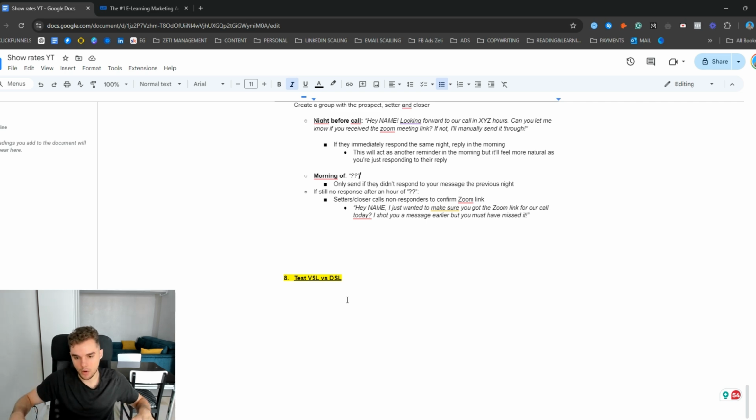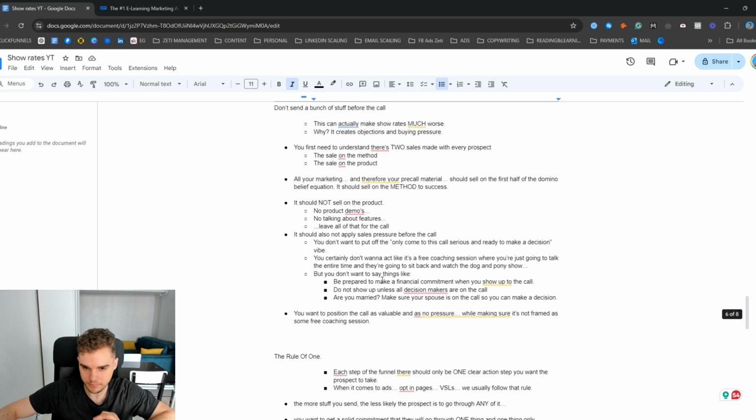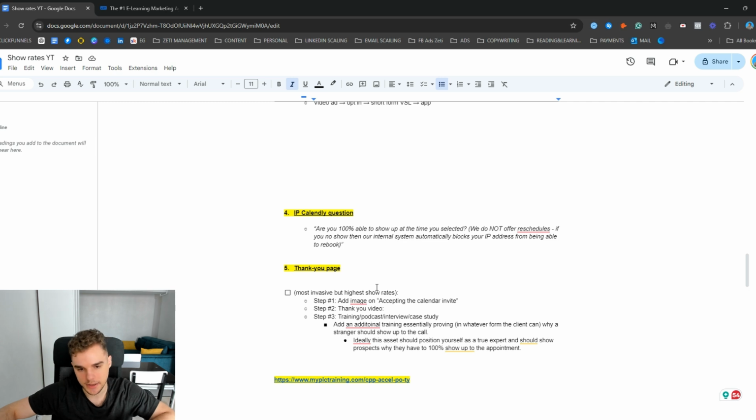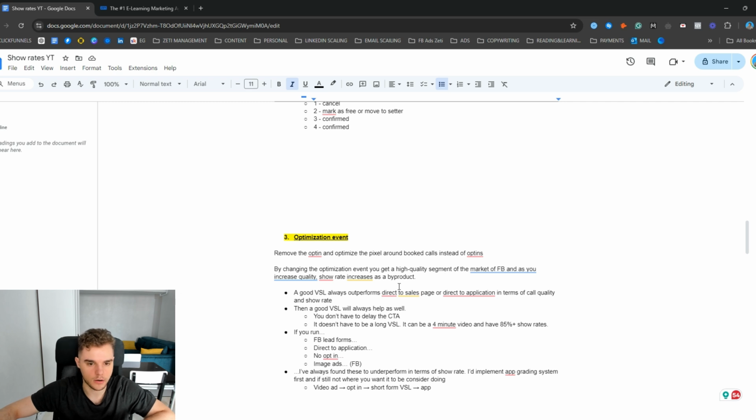What I can tell you is that you want to implement one thing at a time, and scientifically see how it affects the show up rate, the closing rate, and the pay in full rate. So this is pretty important. Implement one thing at a time, see exactly how it affects the whole funnel, and then make decisions based on data.